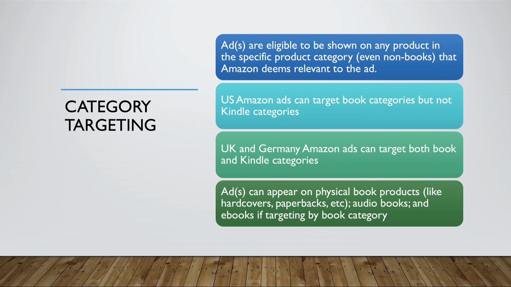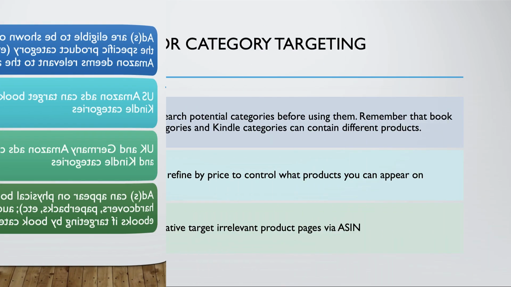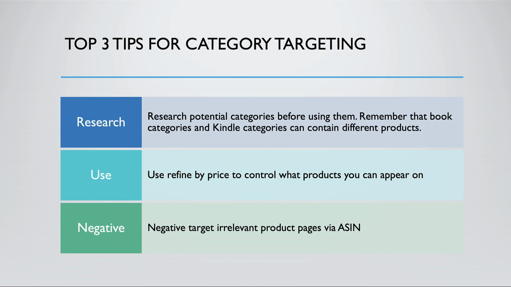Now, your book, especially if you're targeting the book category, can appear on anything that appears in that category. And book categories include paperbacks, hardcovers, audiobooks, Kindle books, coloring books. That's always fun. And so you want to know what is in the category that you're targeting, which I'll get into in tips. The best thing you can do is research your potential categories. I usually just do the bestseller list to start to see if there's a lot of mismatched genre titles.